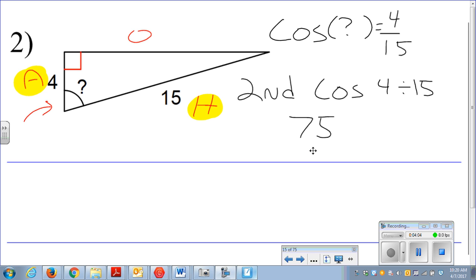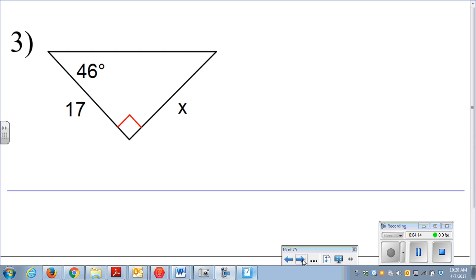Now I'm going to show you some more common trig problems where you have the angle, but you're looking for the side. In number 3 here, we have the angle, but we're looking for this side. So we're just going to follow the steps for solving a right triangle. We're going to label the triangle: hypotenuse, angle, opposite, adjacent.